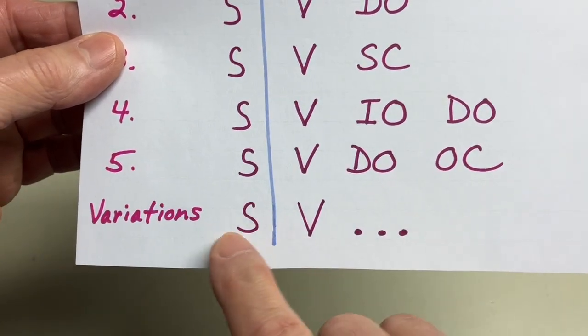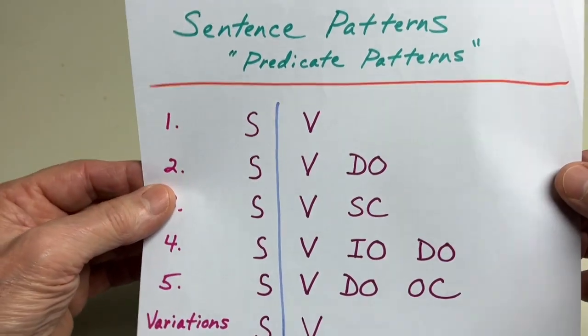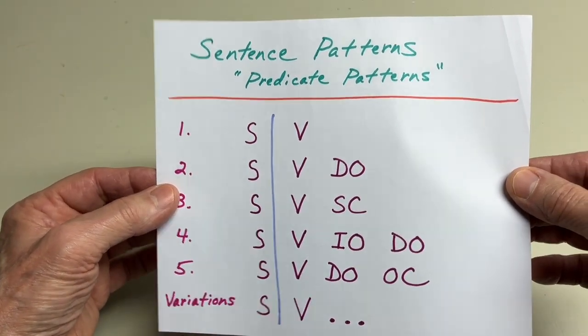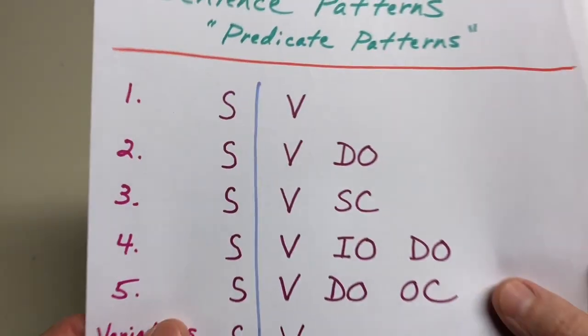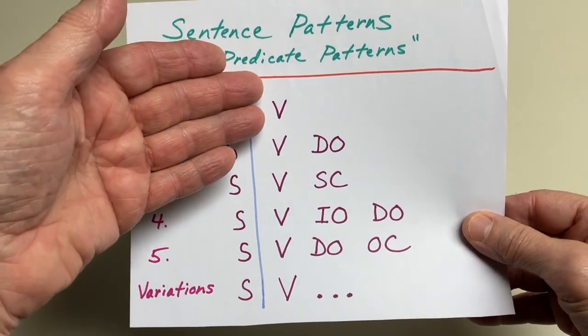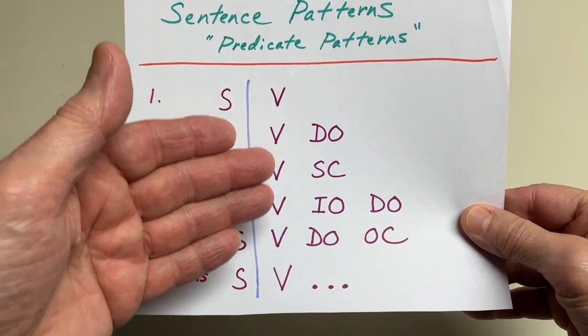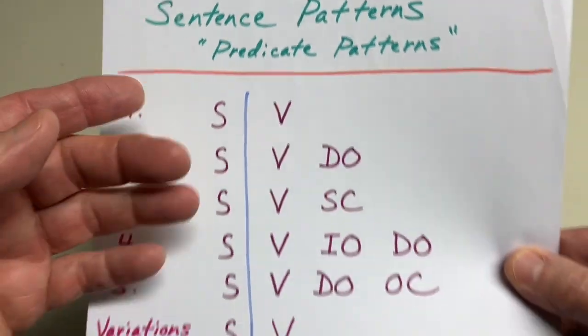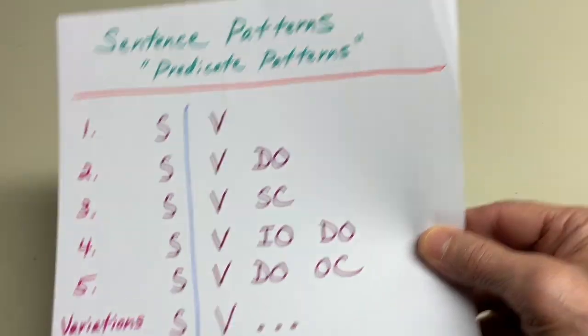Then there are many variations, but you can find this in almost any grammar book. You can see clearly that the options and variations are pretty much always on the predicate side, so I call them predicate patterns because that's the key feature.